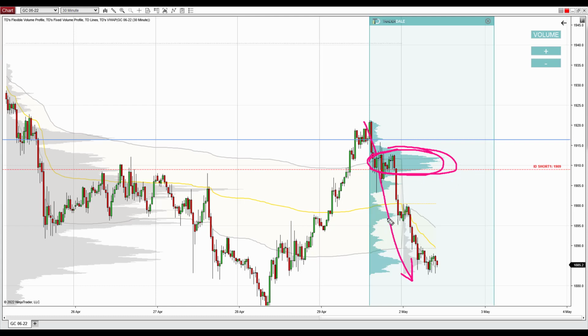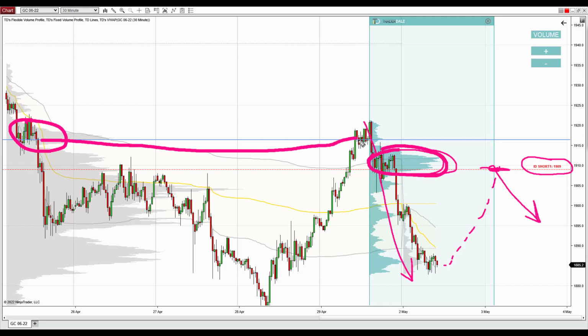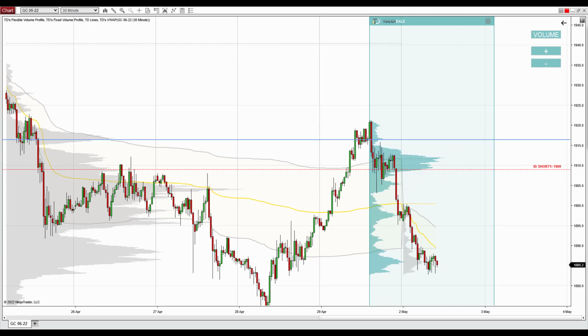Because of this, I think that when there's a pullback, when the price makes it back to this level, which is at 1909, there'll be a nice reaction. The sellers from this place will become active again and try to push the price downwards from there, like they did from this place right here. So that's the new strong resistance on gold, based on those newly formed heavy volumes.